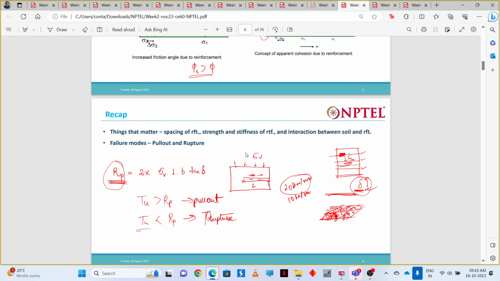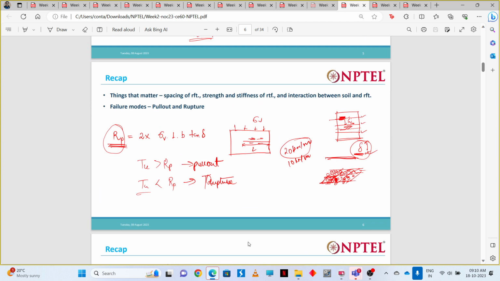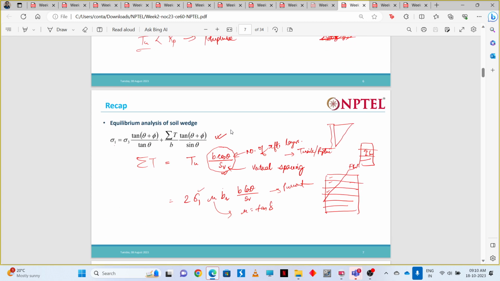This is the geosynthetic, so the upper is in contact with soil, the lower portion is also in contact with soil. So if the tensile strength is greater than this force, this R_P force, then the failure will be with pull out. And if the tensile strength is less than this R_P, then the failure will be with rupture. So these are the two modes of failure: pull out and rupture.